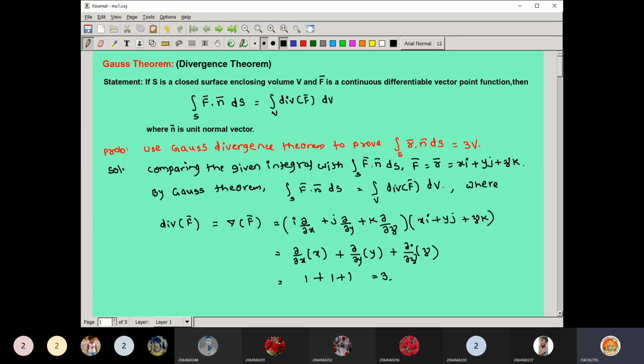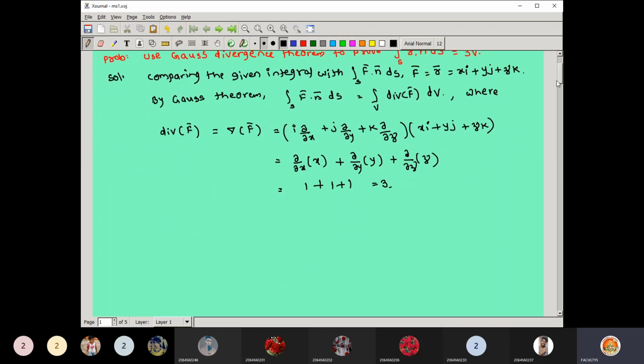So this value you now substitute in the theorem. Therefore, integral over S f bar dot n bar ds is equal to integral over V divergence of f bar, which we calculated as 3, dv. There is no need to expand this volume integral, just keep it as it is. 3 is a constant, so it is 3 times integral of 1 dv, which is nothing but 3v.